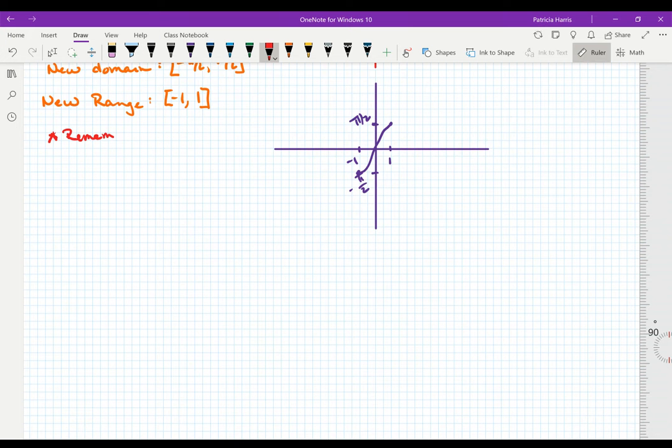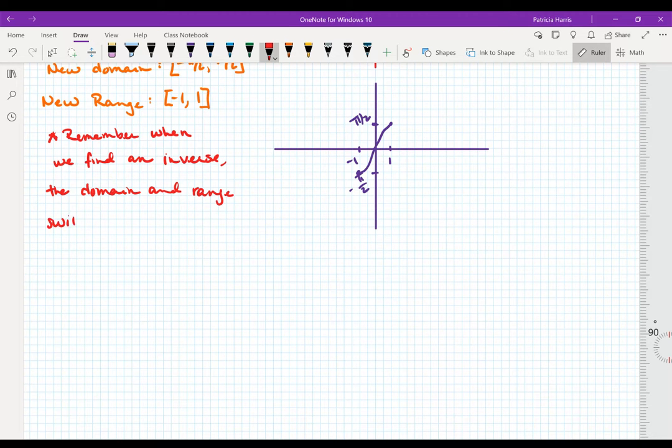Remember, when we find an inverse, the domain and range switch places.